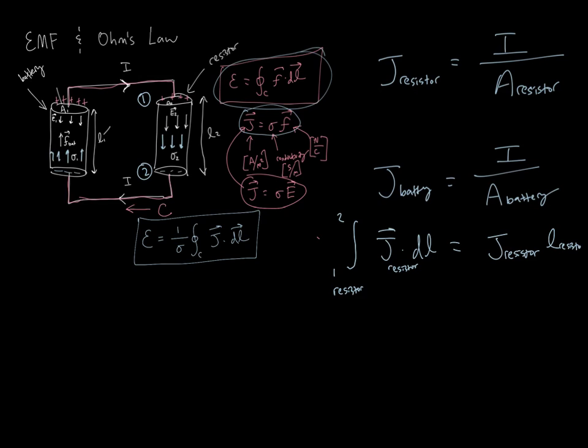And that's because J and dl are in the same direction. So the vector J dot the vector dl is equal to just the magnitude of J times the magnitude of dl.